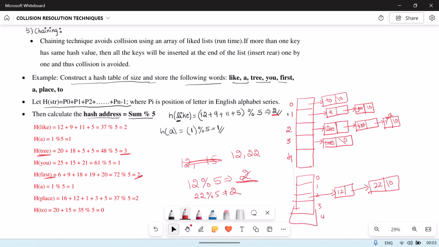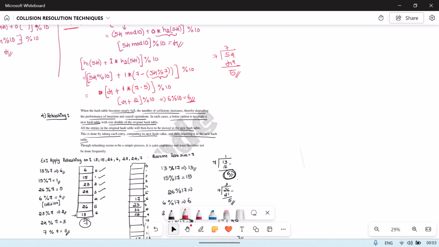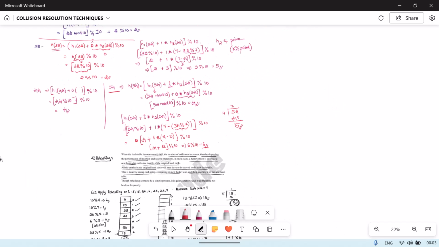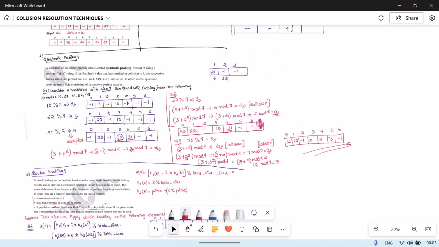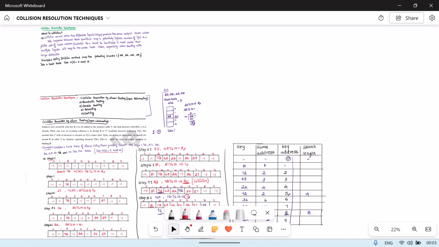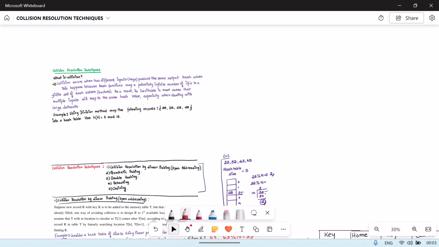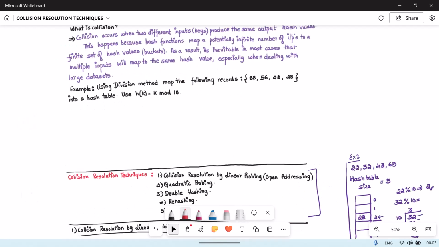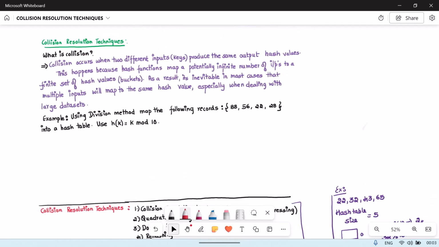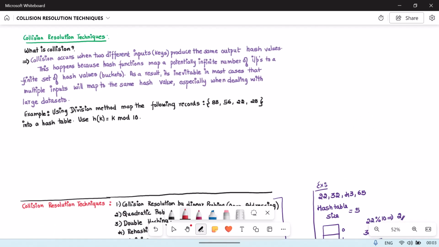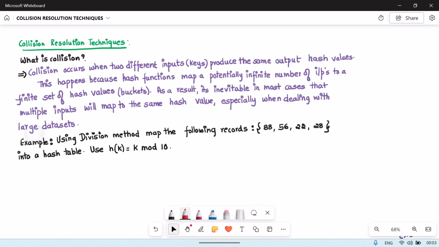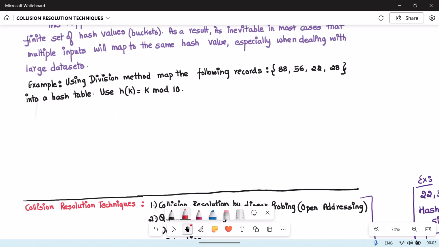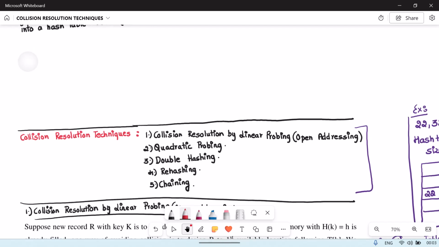So let us recall the things we have learned. We have learned a lot of things. Don't get confused. See here, what is collision is also there, and the collision resolution techniques. You can take a screenshot of all these slides. First is what is collision. Then we have the different collision techniques.